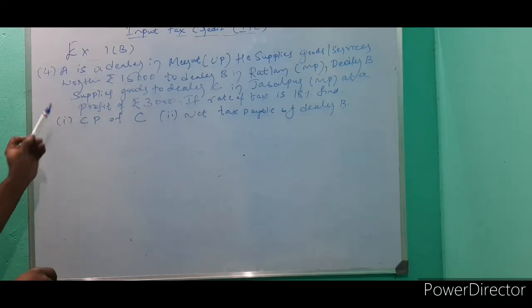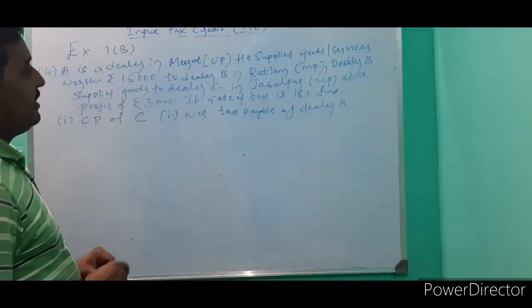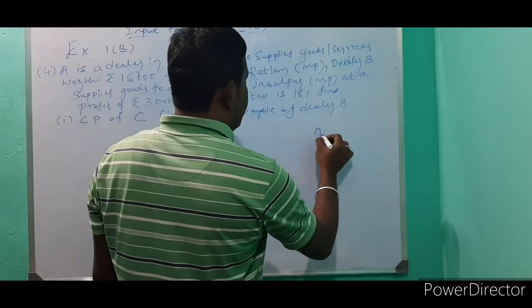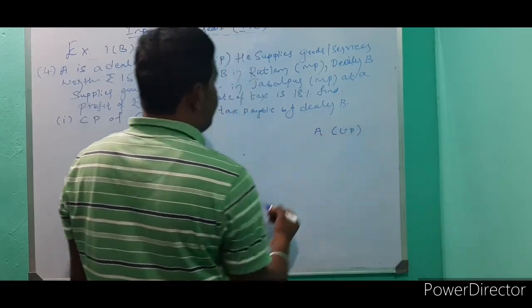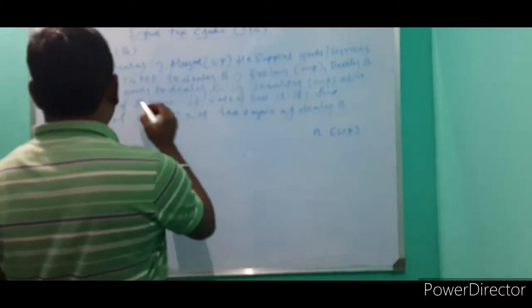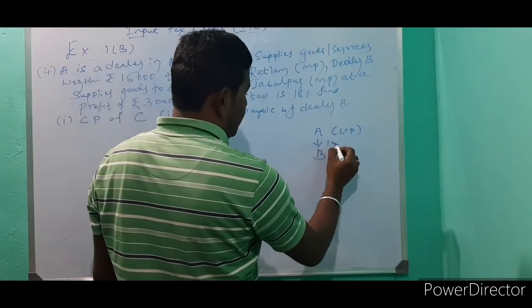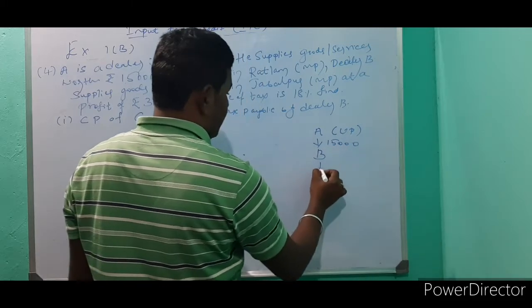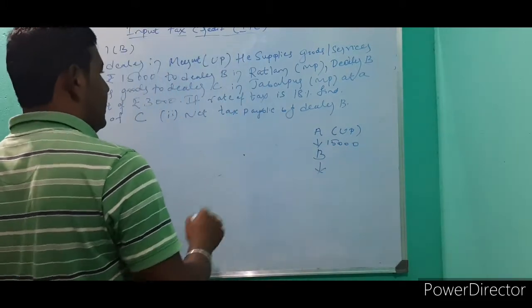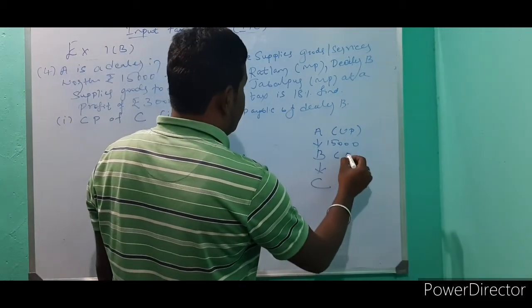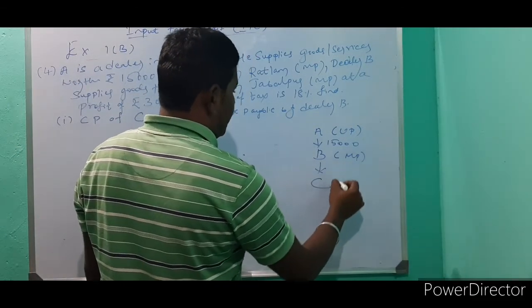Next problem. A is a dealer in Meerut in UP. He supplies goods and service of worth to B. A to B he supplies 15,000, and B supplies to dealer C. So B is in MP.